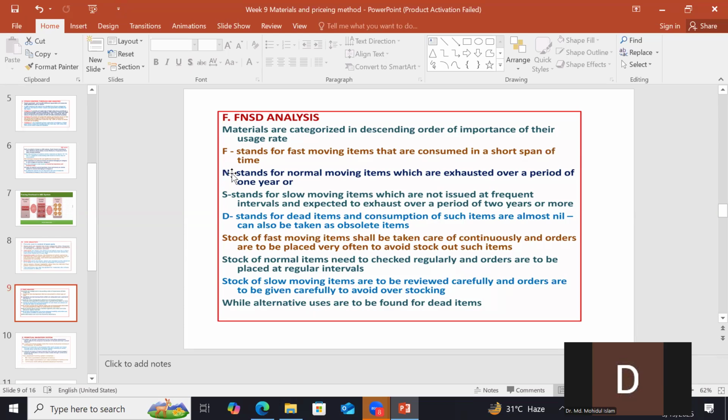N category product: N is for normal moving items that are exhausted over a period of one year.